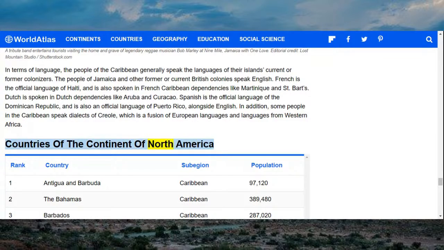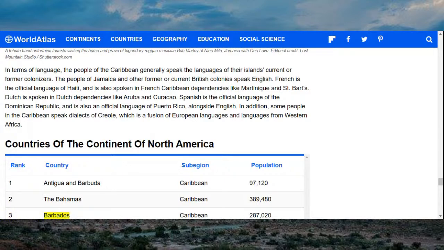Countries of the continent of North America. Rank: country, subregion, population. 1. Antigua and Barbuda, Caribbean, 97,120. 2. The Bahamas, Caribbean, 389,480. 3.